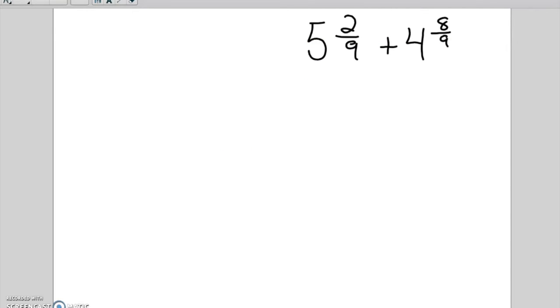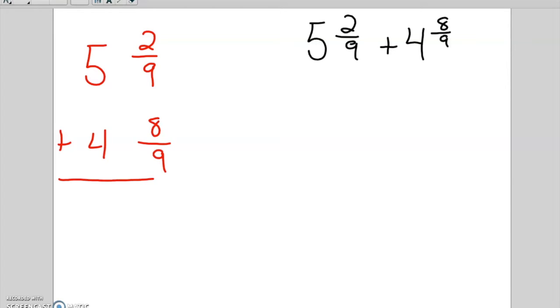So here's my equation here. 5 2/9 plus 4 8/9. So what I like to do is I like to write it up and down. 5 2/9 plus 4 8/9. All right.